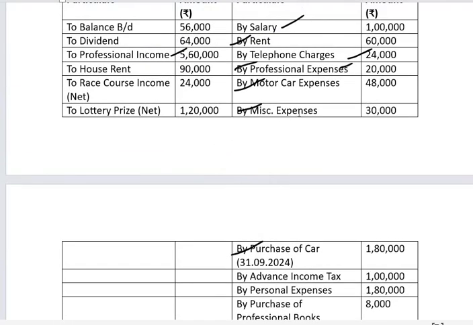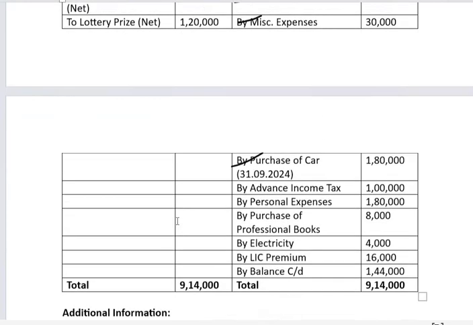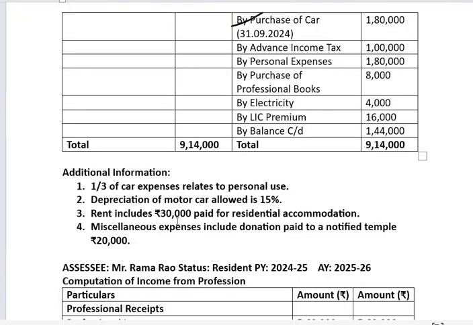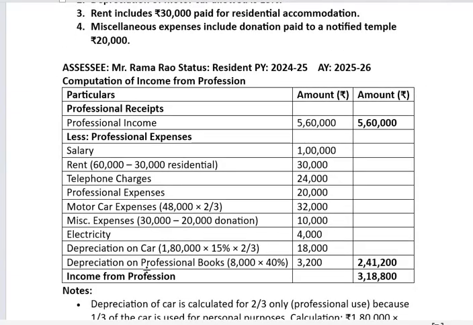After motor car expense, miscellaneous expense we already discussed. Purchase of car we already discussed. Advance income tax is not a professional expense. Personal expense is not a professional expense. Purchase of professional books, for that we have to give depreciation. What is the rate of depreciation? 40%. We check here 40%.